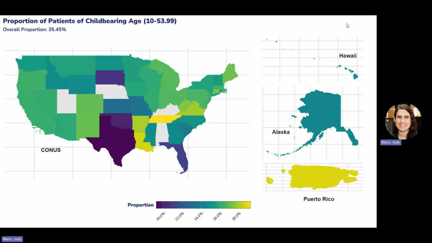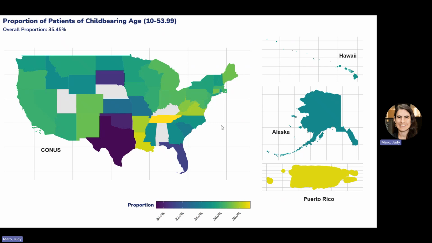And so most of them are right in this 35% range without too much variability here. You do see, though, that some of the states that were previously shown as having few persons who were adults in the data set, there's some parallel here because most patients of childbearing age are in fact adults.